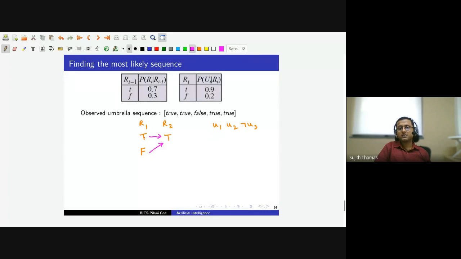One of these two possibilities will lead to the best sequence that ends with R2. We do not know which one is the case, but we know that these are the two possibilities that will lead to the best sequence that maximizes the joint probability and ends with R2 equal to true. And we will keep on repeating this procedure.